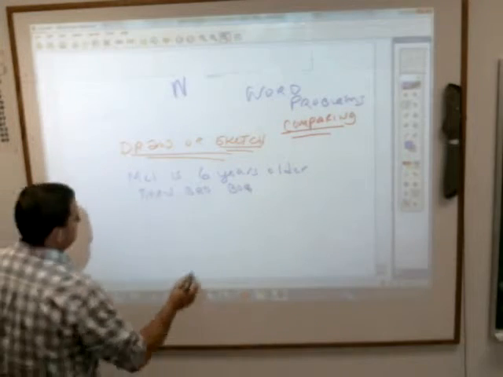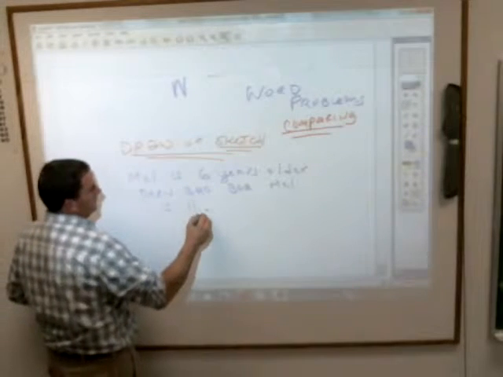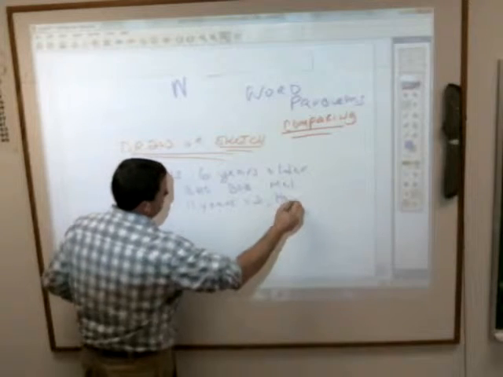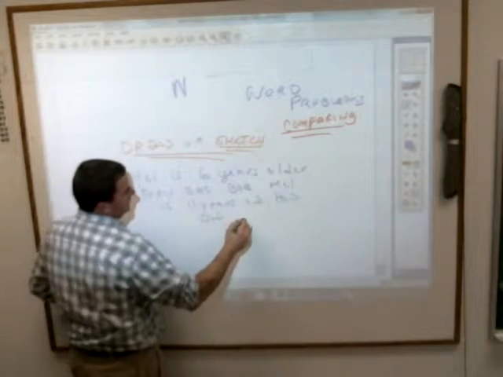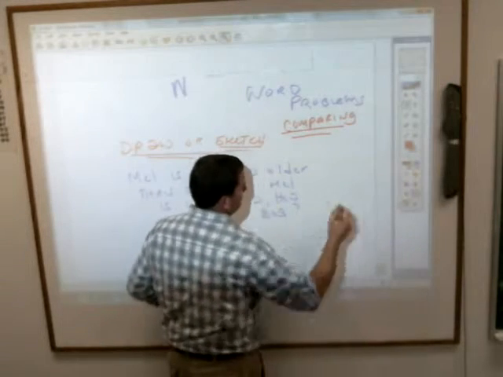Okay, Mel is 11 years old. How old is Bob?